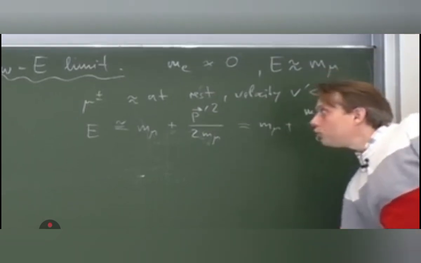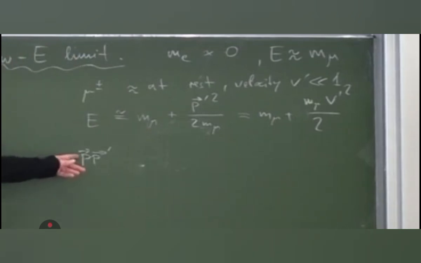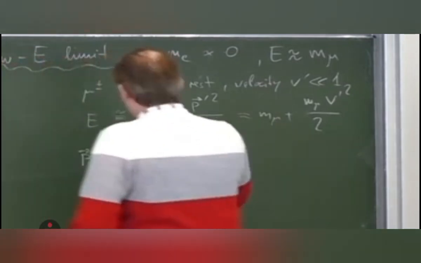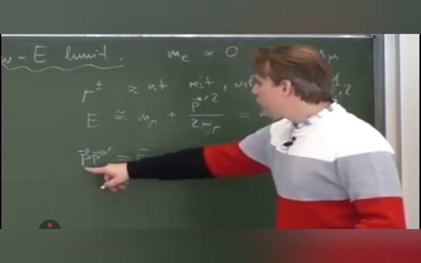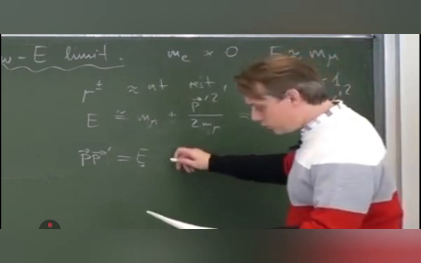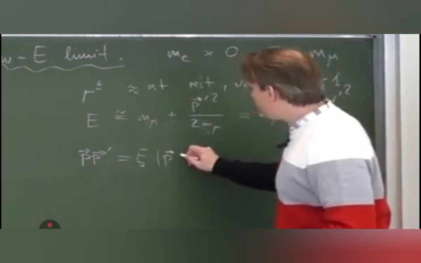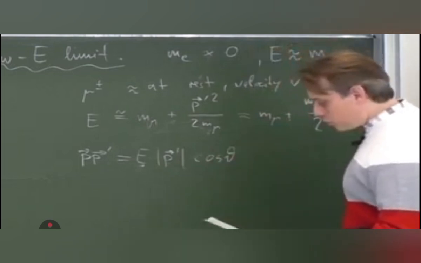So then this is our expression for the energy, and then the other expression that we need is the scalar product of our 2 momenta, momentum of the electron dot momentum of the muon, P dot P prime. And so for the electron momentum, the magnitude is still the energy because the rest mass of the electron has been neglected. And for the muon, we have this magnitude P vector prime and then times cosine theta.